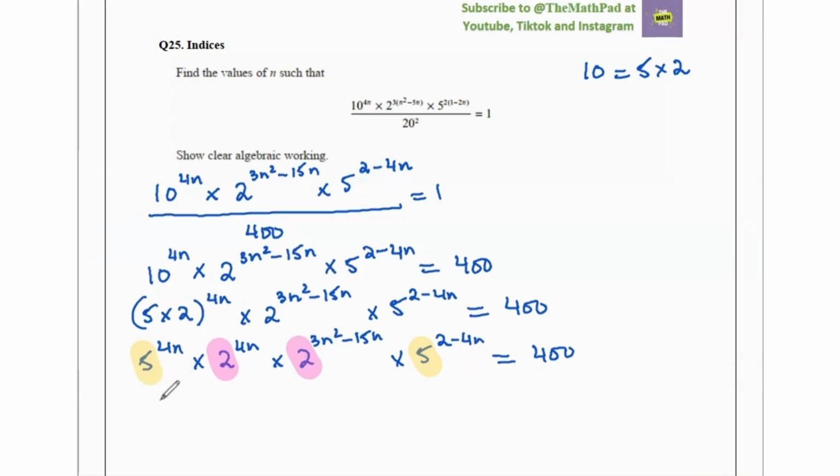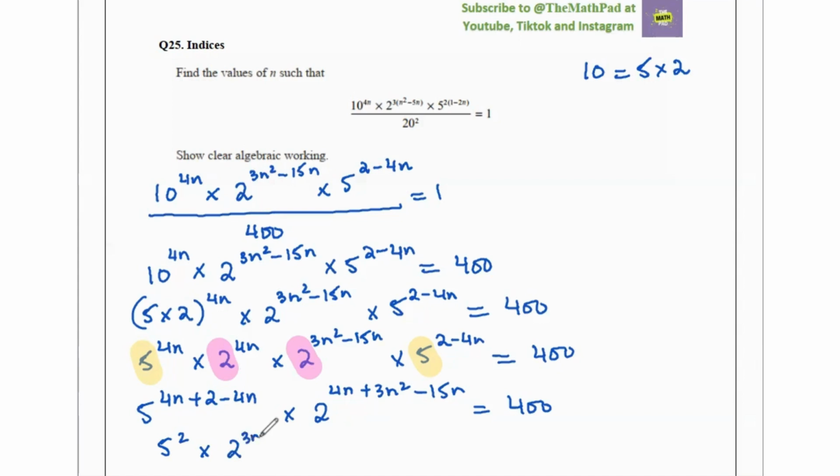Let's do that to simplify it. 5 to the power of 4n plus 2 minus 4n times 2 to the power of 4n plus 3n squared minus 15n equals 400. Now 4n plus 2 minus 4n gives us 5 squared. And for the other, we can combine the 4n and negative 15n, so that's 2 to the power of 3n squared minus 11n equals 400.